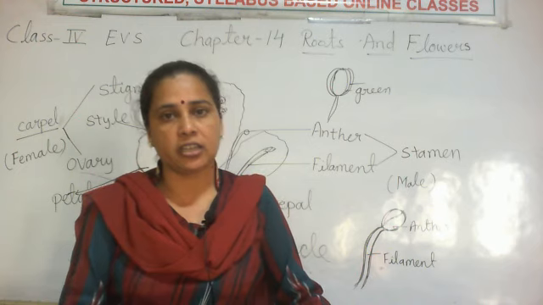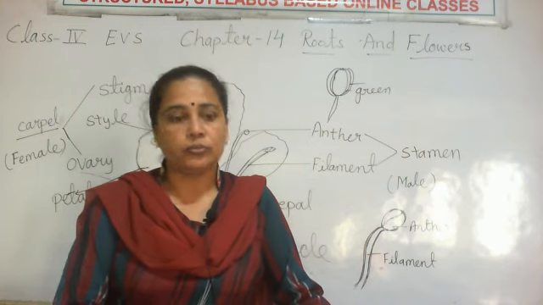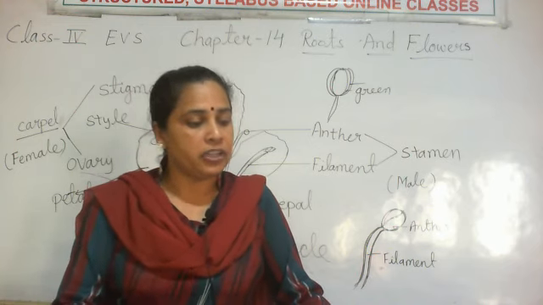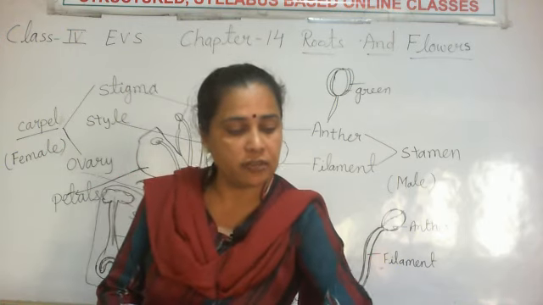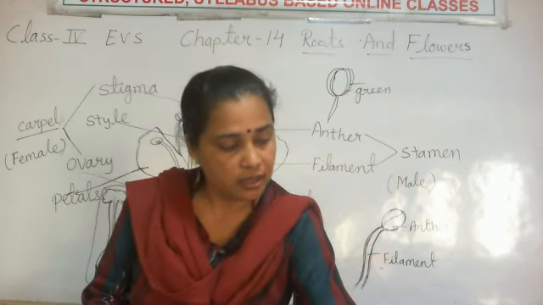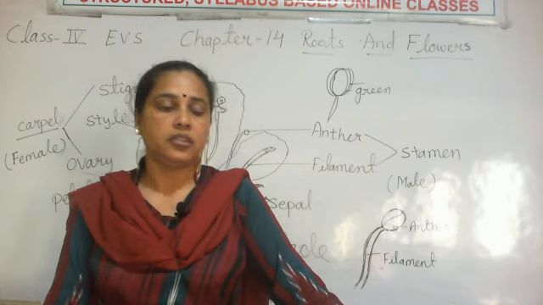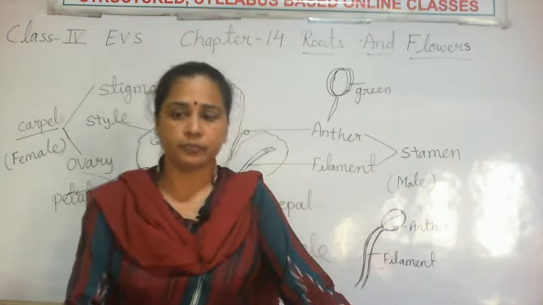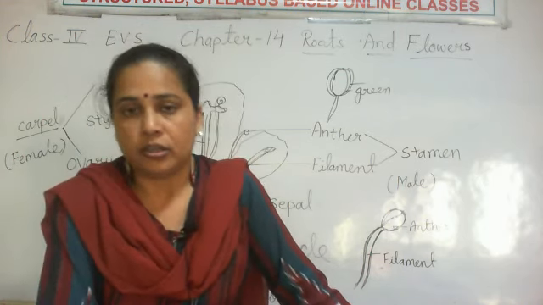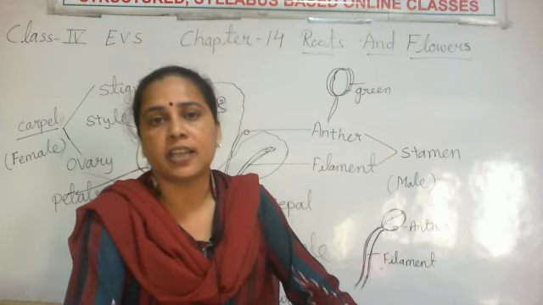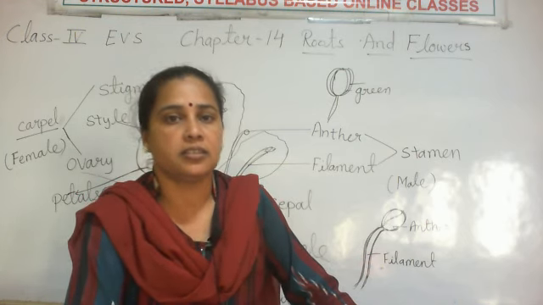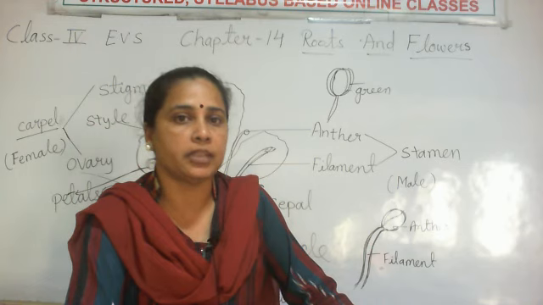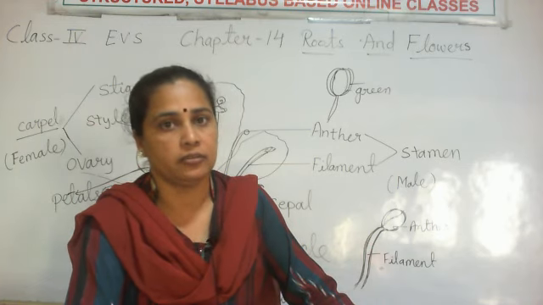In the next lecture I will send you, we will discuss the exercise given on page number 98. Now read this chapter at home. I hope you prepare yourself for the examination. Your syllabus is chapter number 10 and 13.